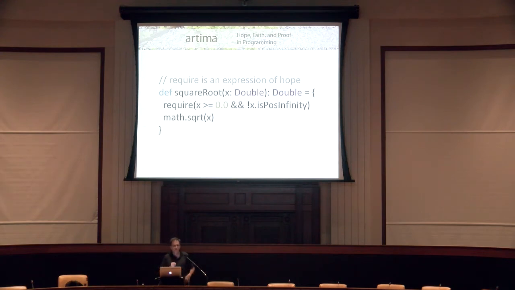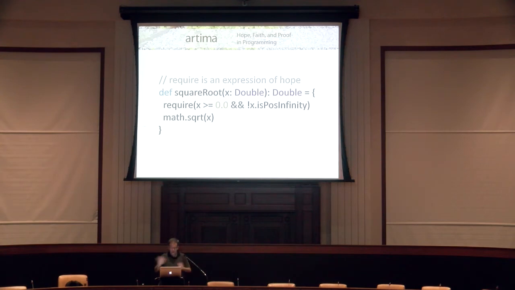So this talk is hope, faith, and proof. The reason I think that's an expression of hope is because it's exactly what Dave Thomas told me I shouldn't do, right? The reason I put it here is because I'm not 100% sure someone's not ever going to pass a negative number in here.